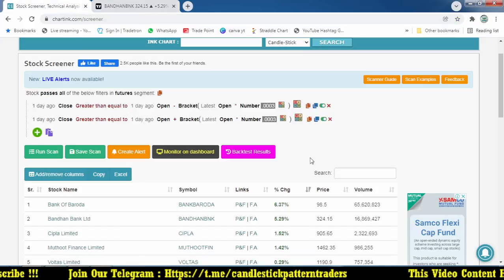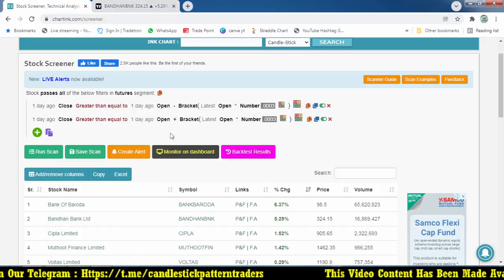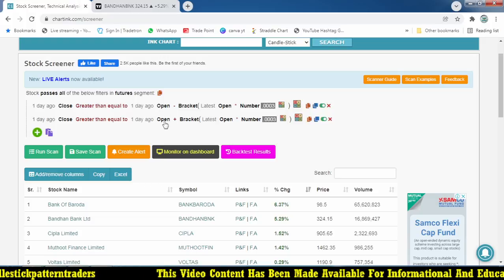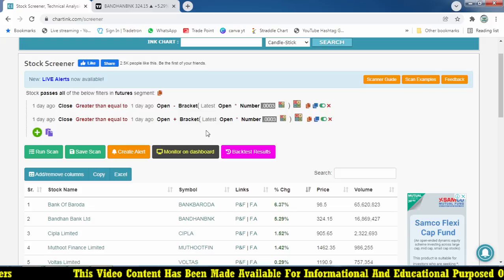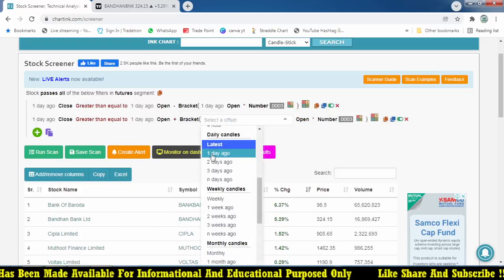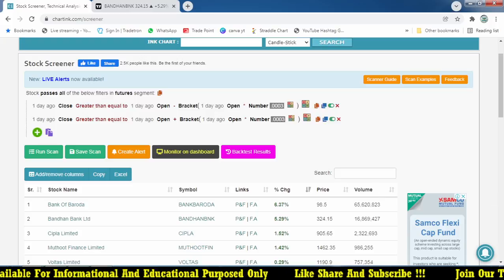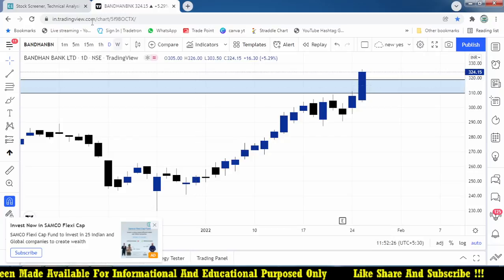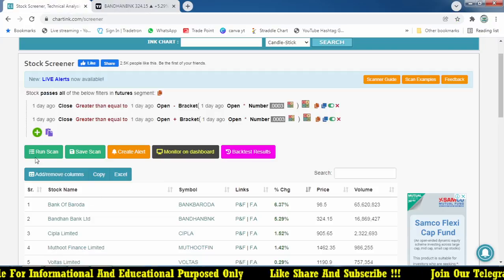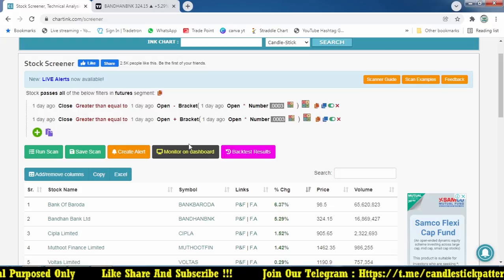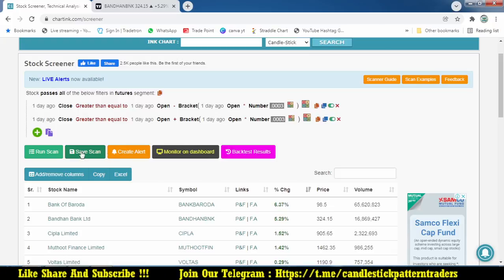No, there is something mistaken here. Here we are going to use 1 day ago open. That is the mistake. Just a second. Bandhan Bank, let's run the scan. 1 day ago open into 0.3.